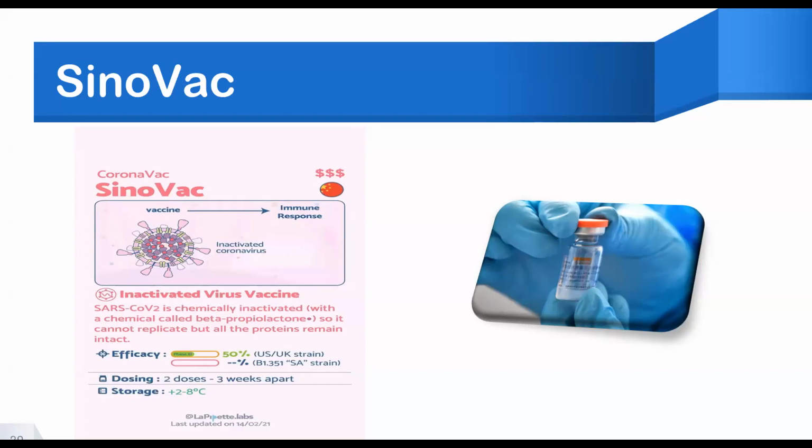The Sinovac vaccine trains our immune system when injected so that later on, the same as with other vaccines, the helper T cells remember, and the B cells make our WBCs strong.